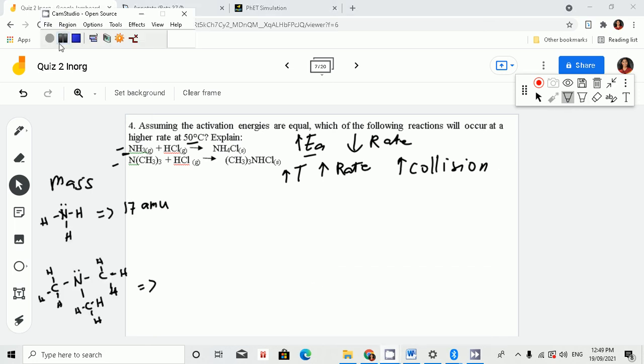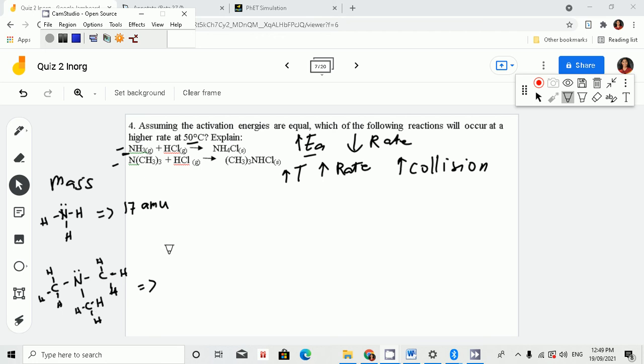The mass of ammonia, NH3, is 17 atomic mass units, while for trimethylamine, let's calculate that: 14 plus carbon, the carbon has 12 and there are 3, so we have 36 plus how many hydrogens each?